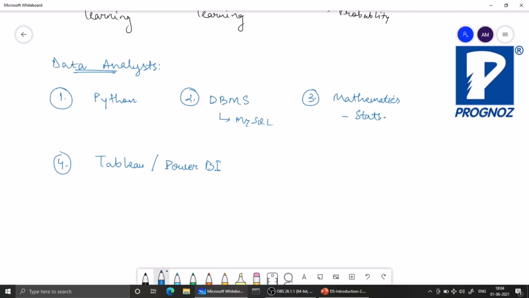The model was created by a machine learning engineer or a data scientist, and I told you the job responsibility of a data analyst is to present that model. Why do we need that presentation? The presentation is taken care of by Tableau or Power BI, which are your dashboarding tools. This is why data analysts should be good at Tableau or Power BI for presentation purposes.